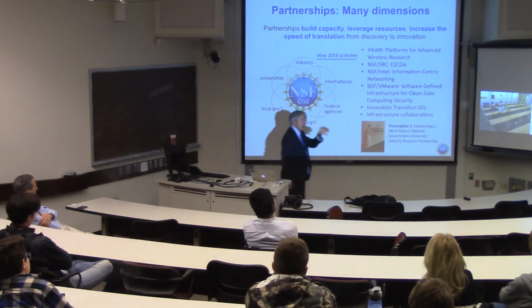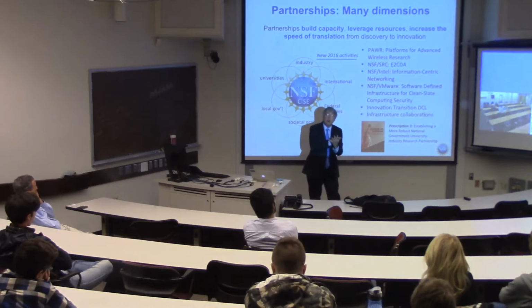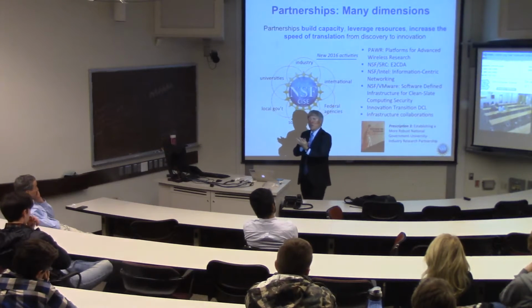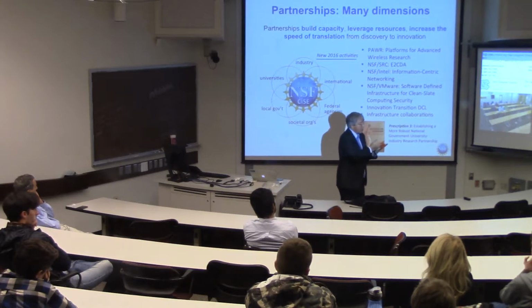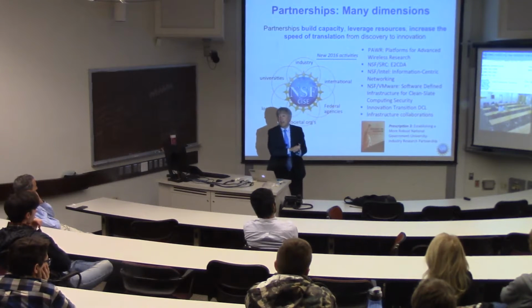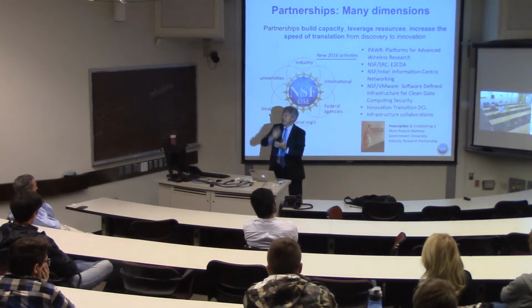So here's what the model is for this, since I think this is a potentially very powerful idea. NSF and Intel have issued a joint solicitation. If you're a PI and you say, I want to submit this proposal in information-centric networking to NSF, you submit it, and you can check a box saying, only NSF should see this.